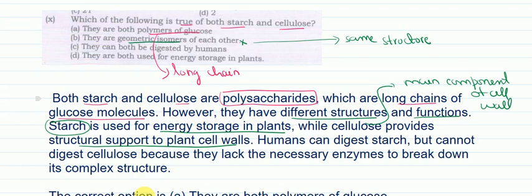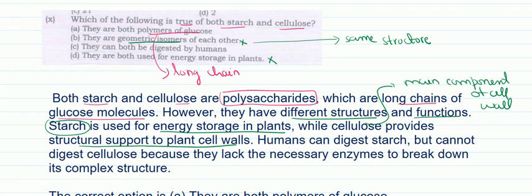So the statement D, they are both used for energy storage in plants, is also wrong. Only starch is used as energy storage. Cellulose is not used for energy storage. It acts as a component of the plant cell wall, and it provides structural support.